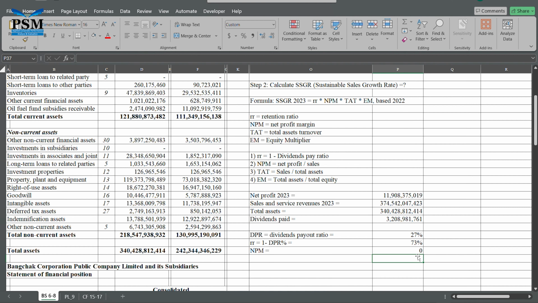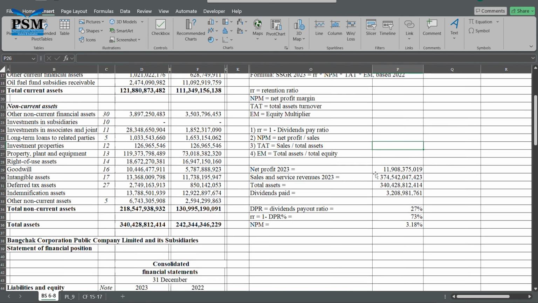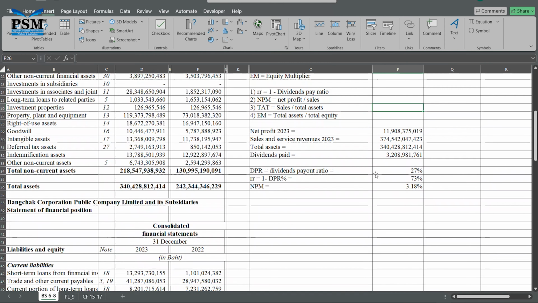We also have to make it a percentage, in double digits with 2 decimal places: 3.18. For every 100 baht of sales, after paying all the expenses, the company earns about 3.18 baht.